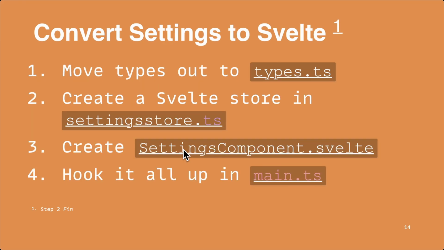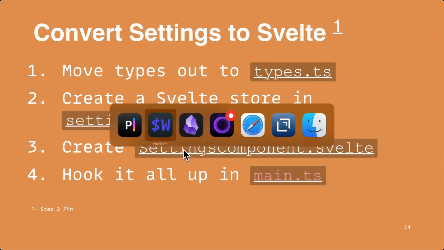All right, so we're going to convert our settings to use Svelte. Doing this, we're going to essentially pull the types out of main.ts into a types.ts file. We're going to create a Svelte store in settings.store.ts, which is probably the most important part of this. And then we're going to create our base settings component .svelte file and then hook that up in main.ts.